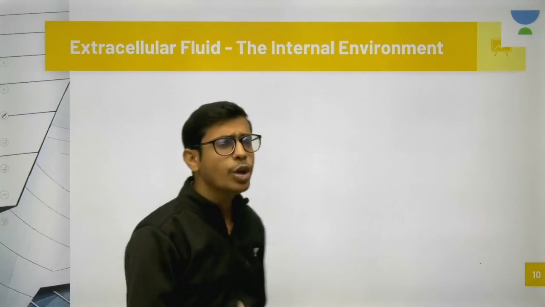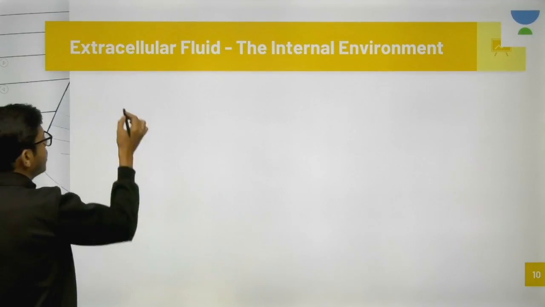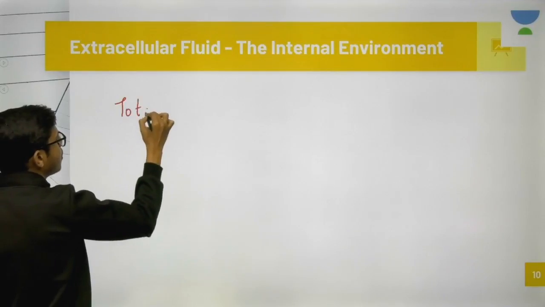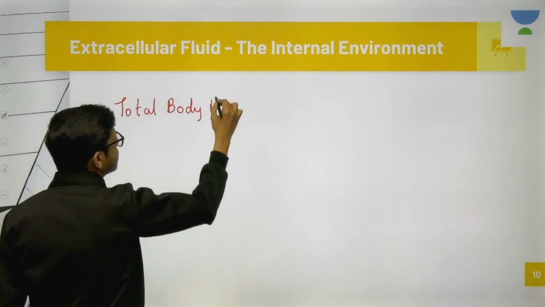Okay. So what we know as of now is that if you see our total body fluid, obviously it is approximately 60% of mass.